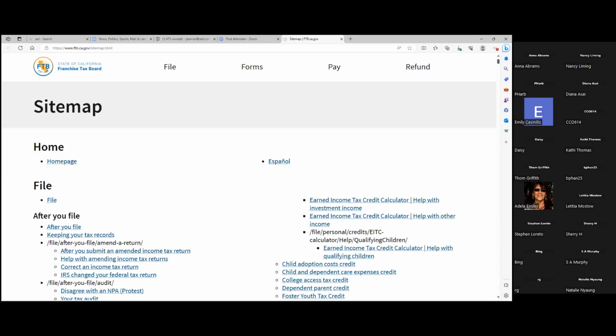And as we mentioned before, sometimes you're going to be working with the software early on, and there may be software updates that are forthcoming. And that's happened before. And so you just follow the instructions put out by the IRS or the FTB to address those changes, i.e. updating software.